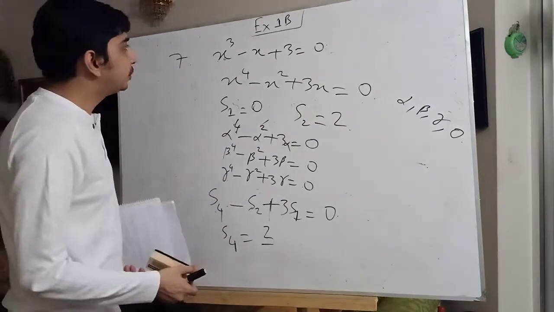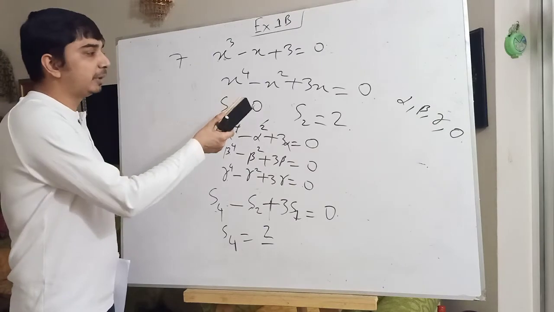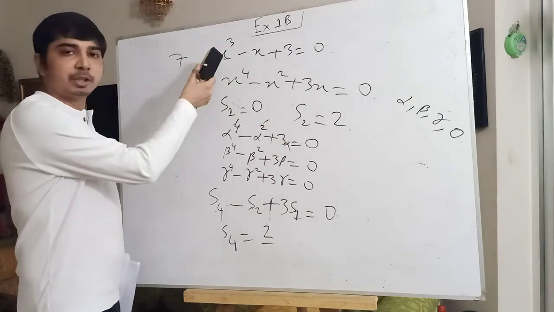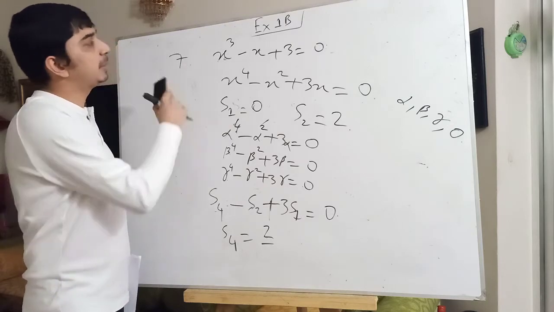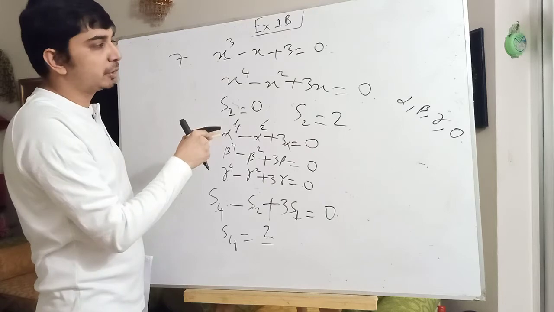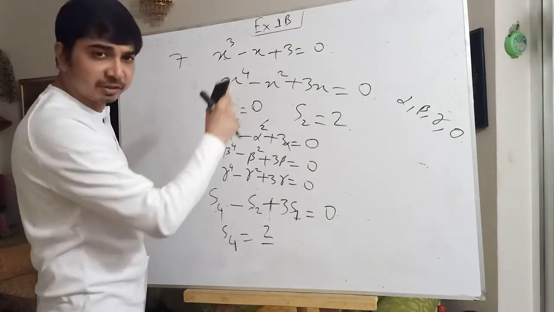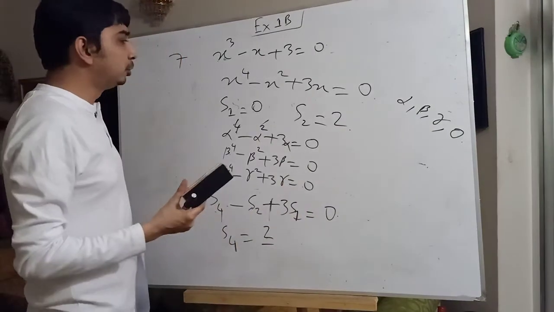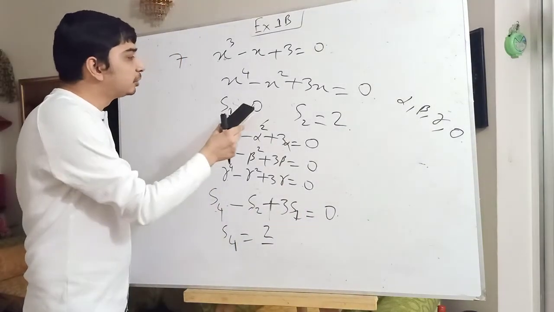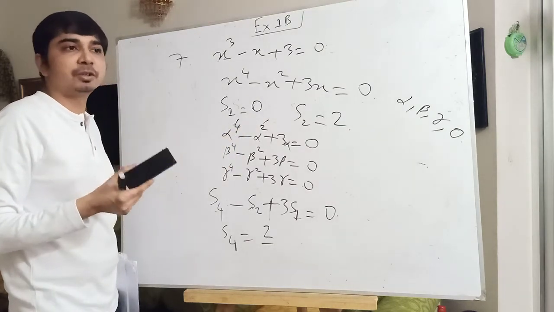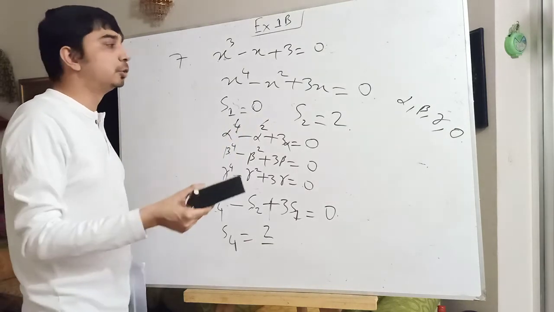Okay, so the technique was what? First we found S1 and S2 from the cubic equation. Then we turned the cubic equation into a quartic equation by multiplying by x. This is very similar to the cubic equation, but it has 4 roots. The previous 3 roots alpha, beta and gamma, and a fourth root, that is x is equal to 0. So the values of S1, S2, S3, S4 are not changing because you are just adding 0 to it.